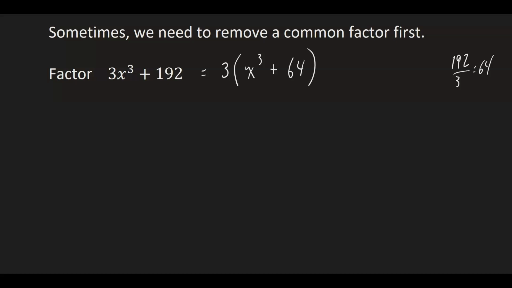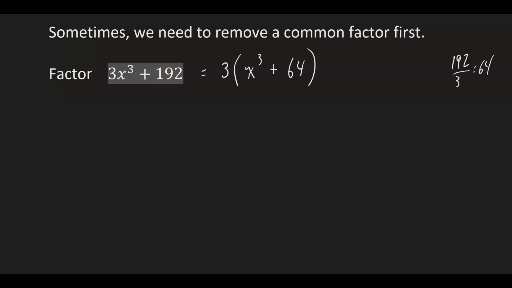Now, when I look in my bracket, do I have a perfect cube and a perfect cube? Is there anything that when multiplied by itself 3 times is equal to 64? And yes, actually. So let's work on that.